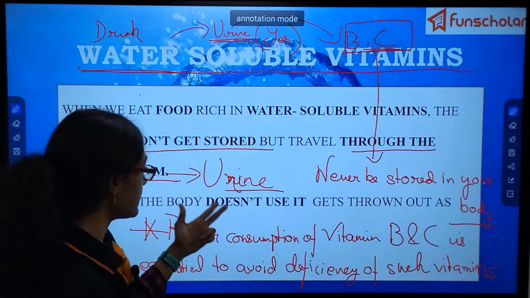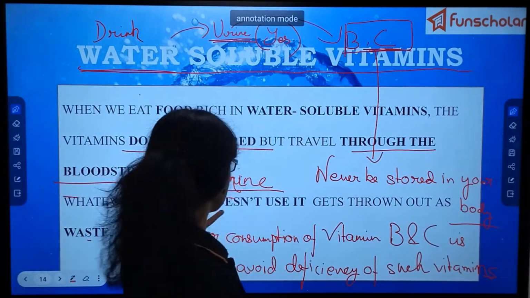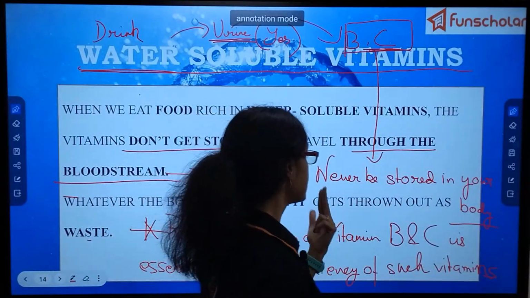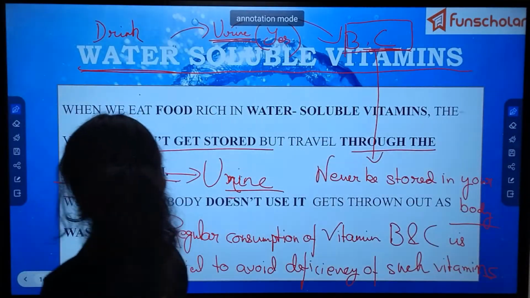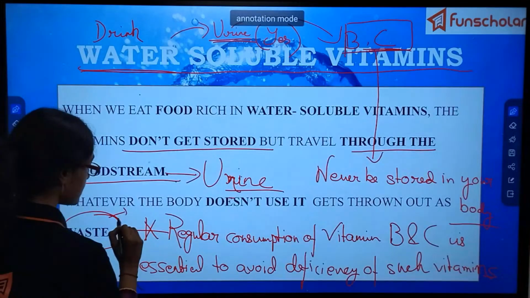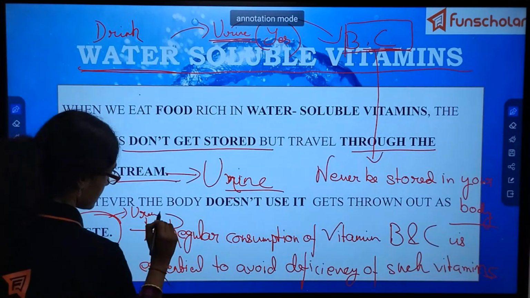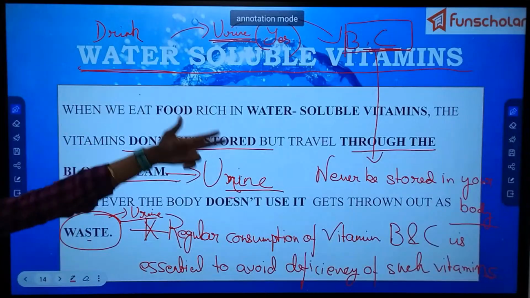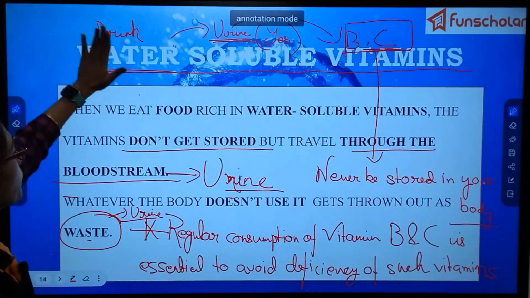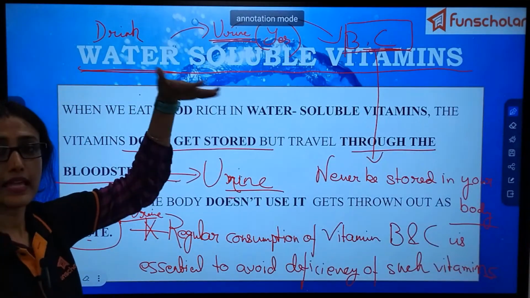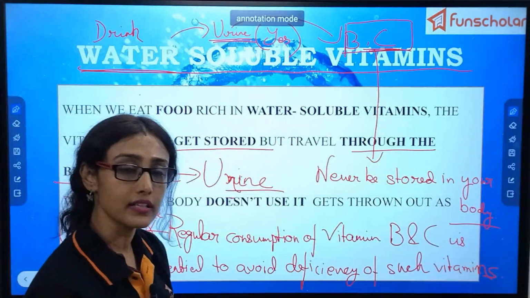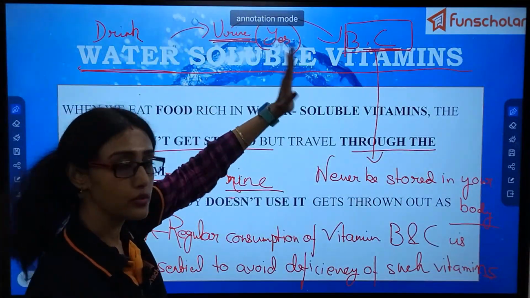Whenever the body doesn't use it, it gets thrown out as waste in the form of what? Urine. Right? This only I have told you. Water soluble vitamins, as they are dissolved in water, come out through the urine.